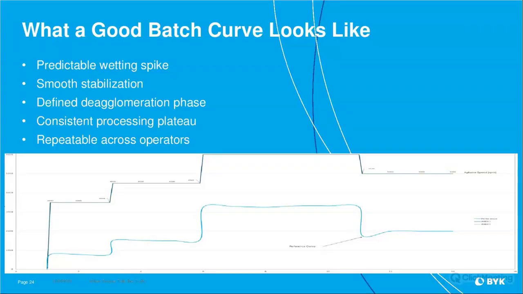So it's repeatable across all operators. That's one of the greatest things, right? If you have it dialed in correctly, you're not going to see wild graphs based on anything that the operator did, or if he did do, he or she. I apologize. Anyway, that's what a good curve looks like.